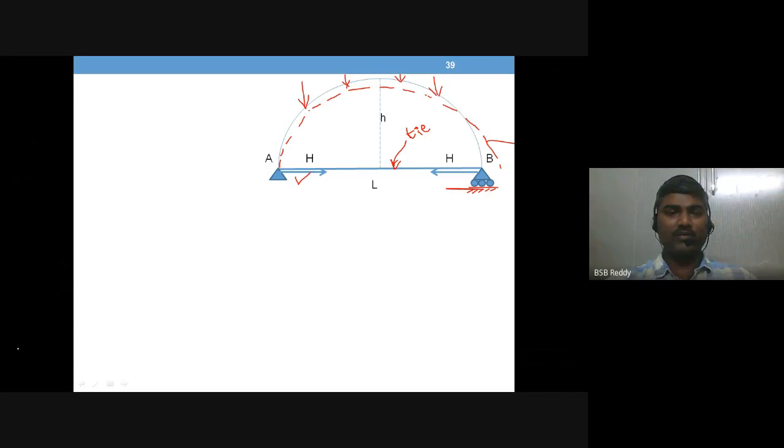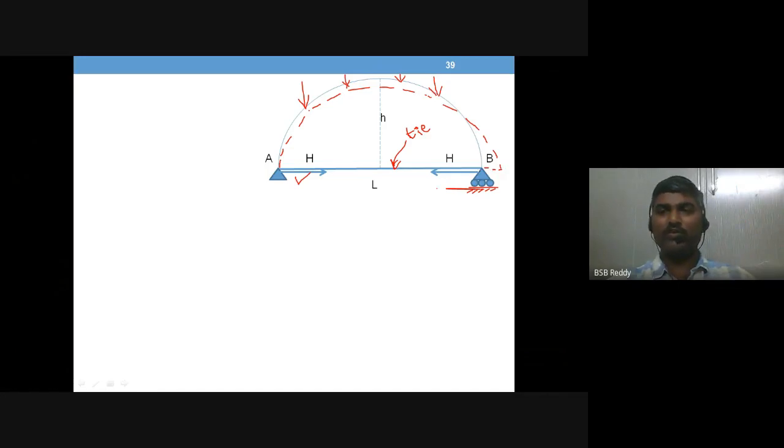Why so? Because at one end you have a hinge, which can never move in the horizontal or vertical direction. The other support is a roller, so there is a possibility of moving in this direction, and the vertical movement is arrested. Only horizontal movement is left free, so the support will try to move away because of these loads.